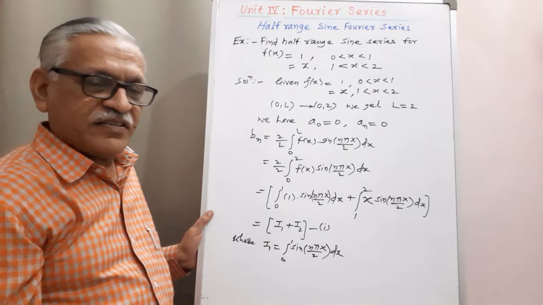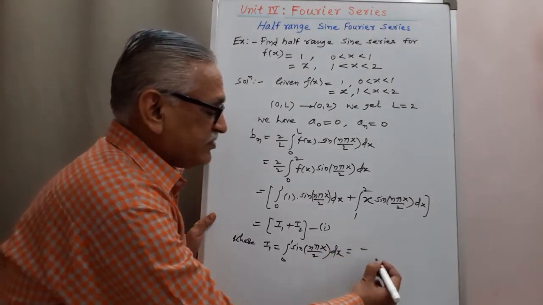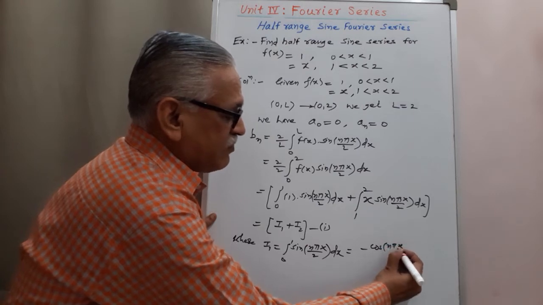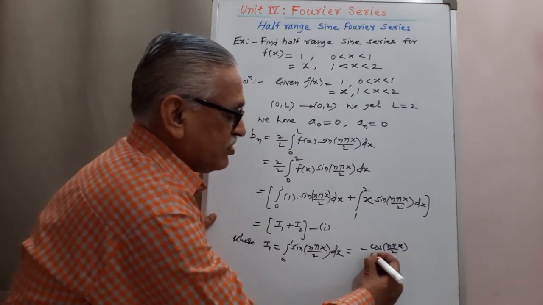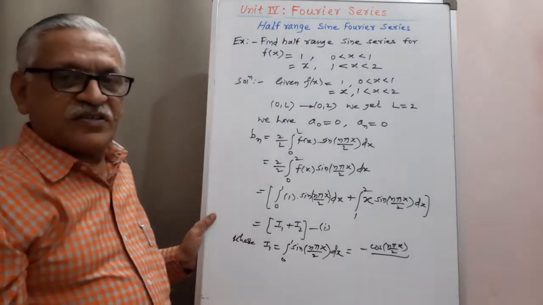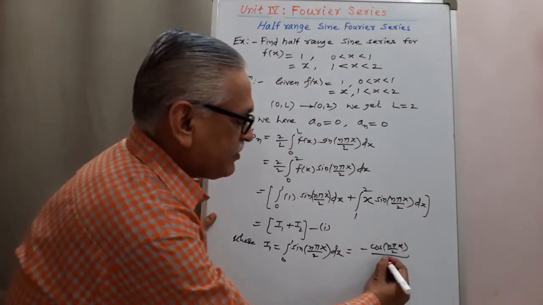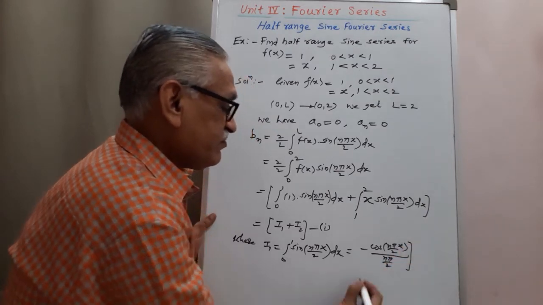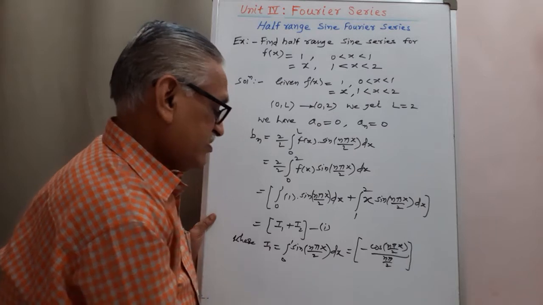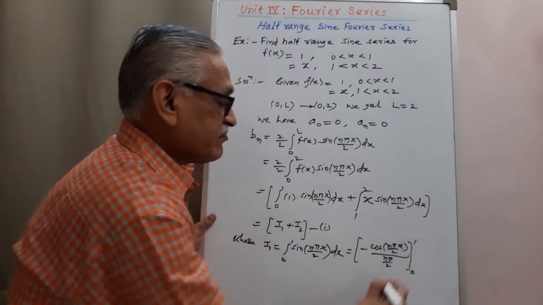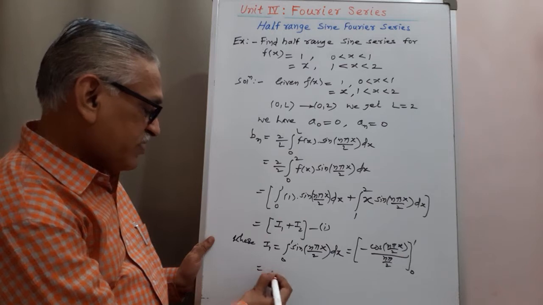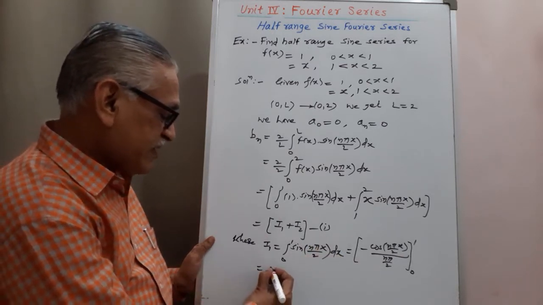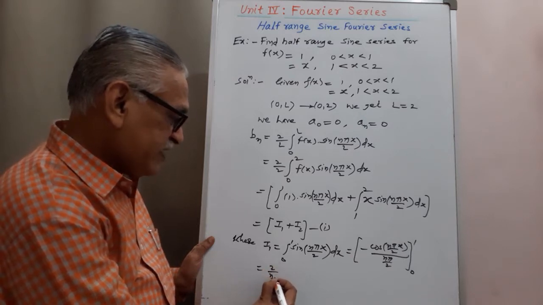Performing the integration, the integral of sine is minus cos of n pi x by 2 divided by the coefficient of x. The coefficient of x here is n pi by 2, with limits from 0 to 1. Substituting the upper and lower limits, we get the value of I1 as 2 by n pi, since 1 upon n pi by 2 becomes 2 by n pi.